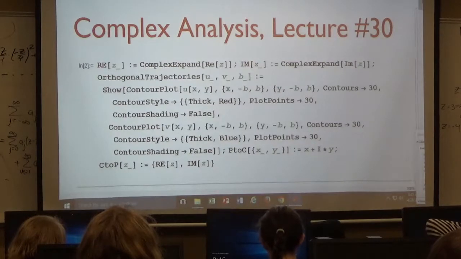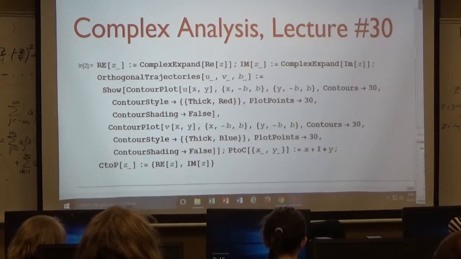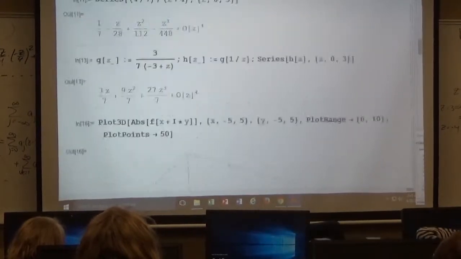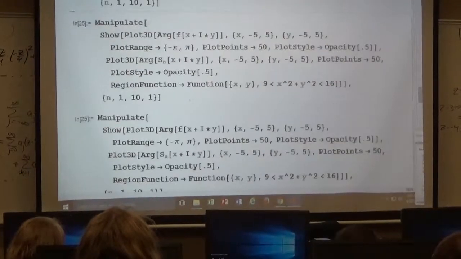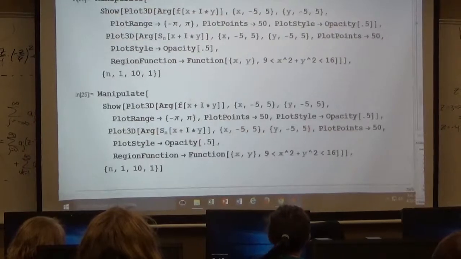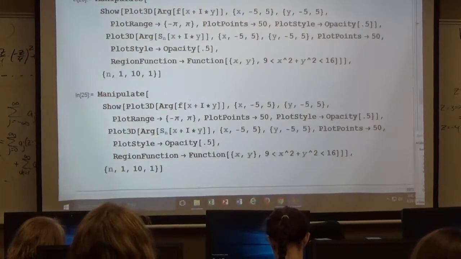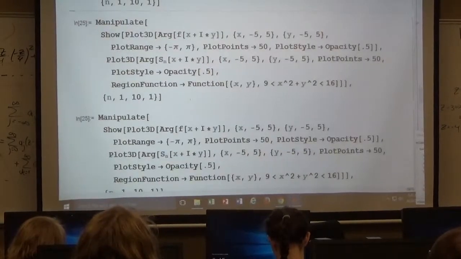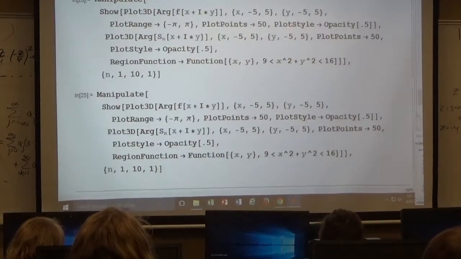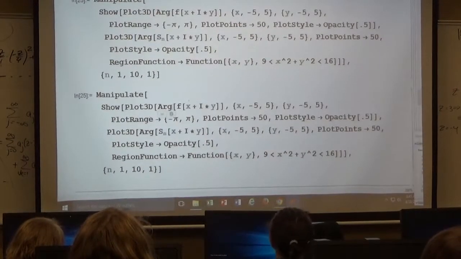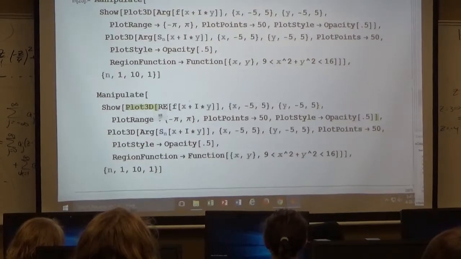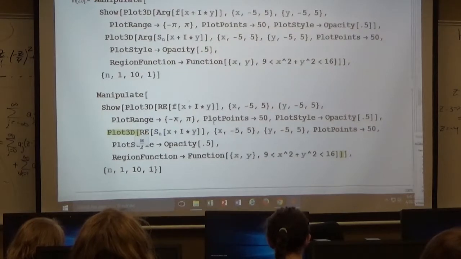I don't know why Mathematica doesn't have these commands in there anyway, but let's see. Did I just copy it? How about capital RE here? I think that should work.